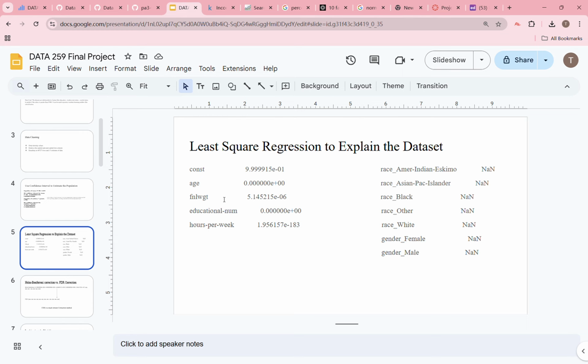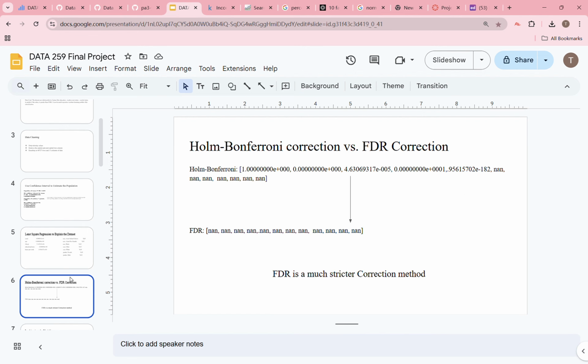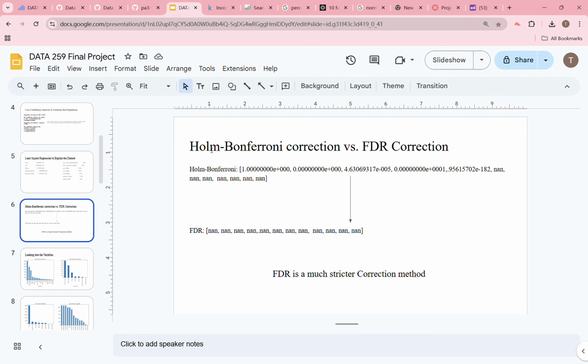Then I ran a least squares regression on this data set, trying to explain it. However, there's a multicollinearity problem that I ran into. Also, we always have to check whether these p-values can actually explain this problem or not. So I used Holm-Bonferroni correction and FDR correction in this process.